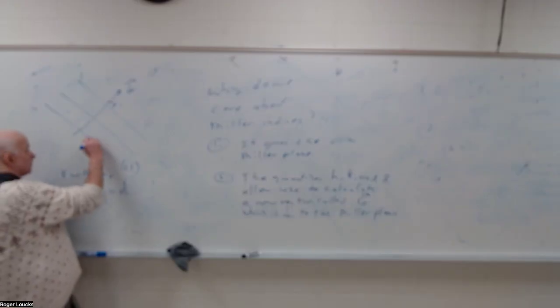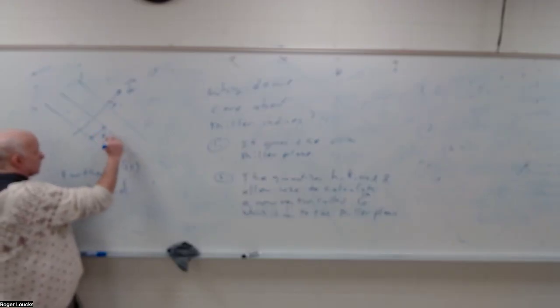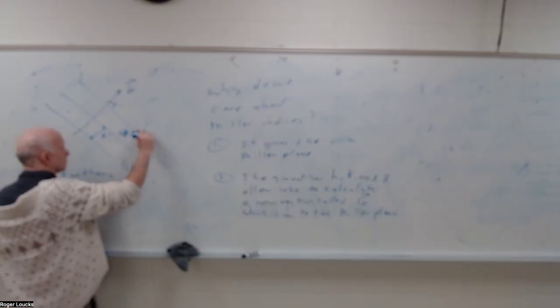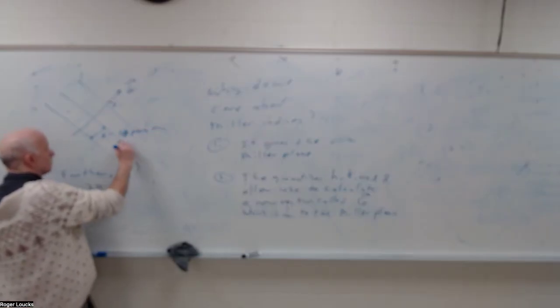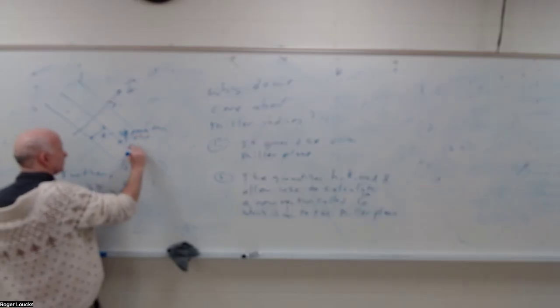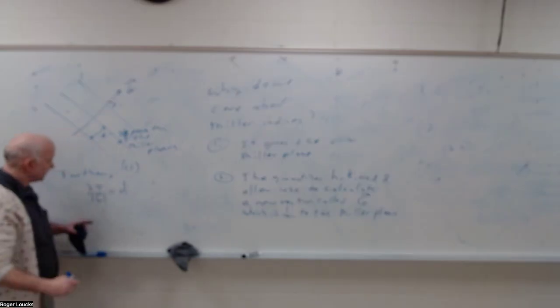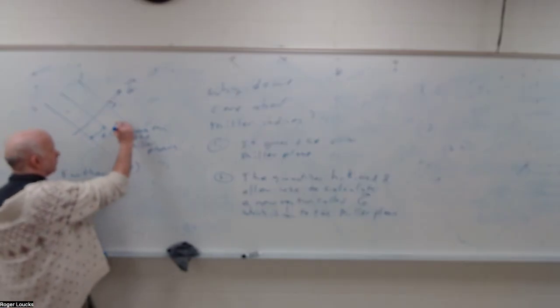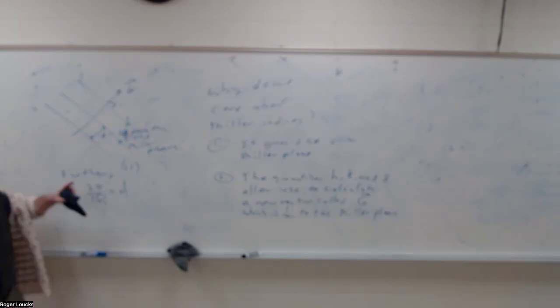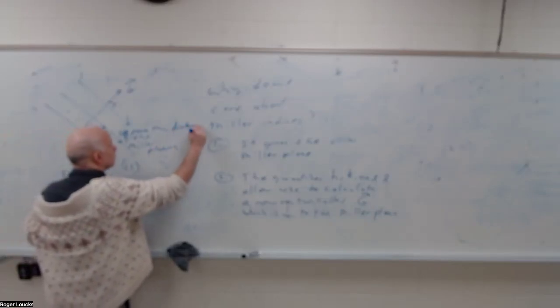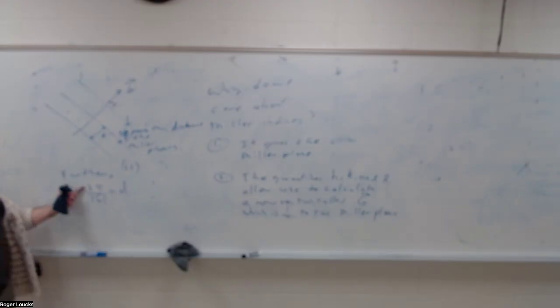So this D here is the perpendicular separation distance between the Miller planes. It's given by 2 pi over the magnitude of G.